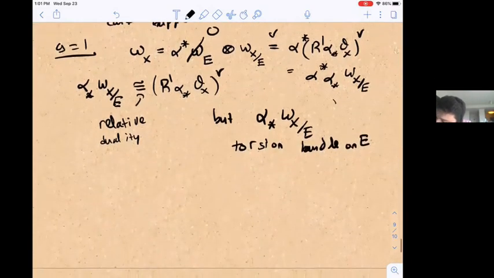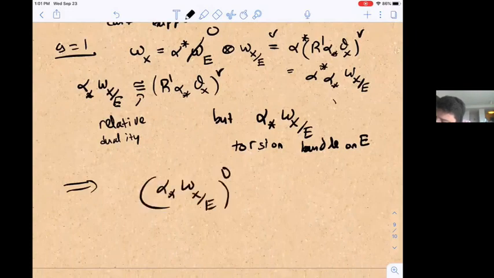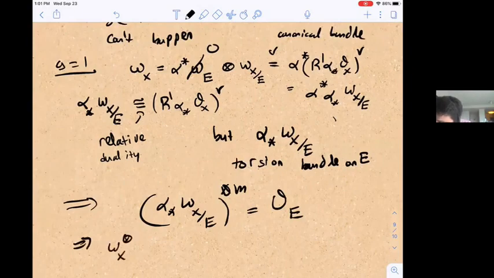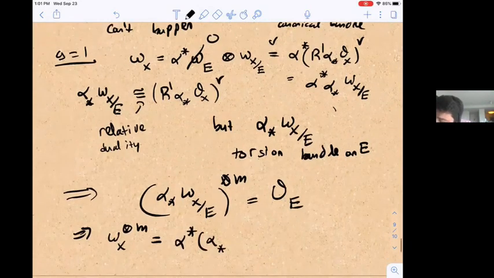So that implies that some power of this line bundle is trivial. And so when we pull back, we get that some power of omega is also trivial, because alpha upper star is compatible with tensor products.